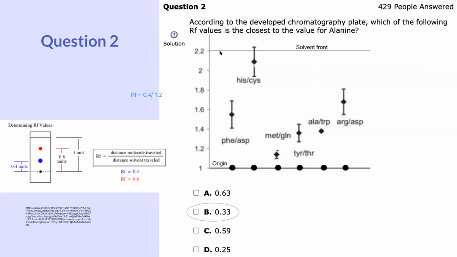And we subtract the distance from the origin, which is 2.2 minus 1, which gives us 1.2. And that would give us the answer 0.33. Let me know if you guys have any questions on that. So did you just divide 0.4 by 1.2? Yeah, that's what we did. Okay, thank you. That makes sense.